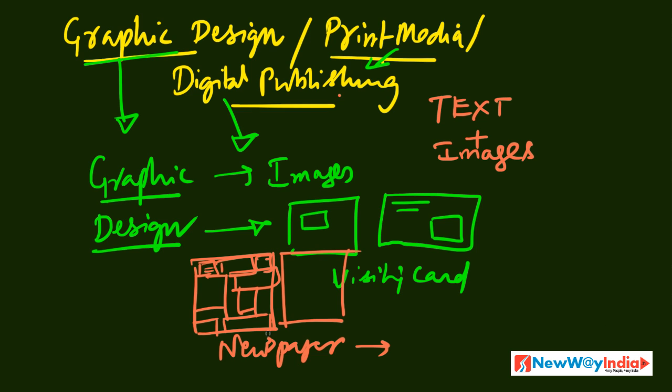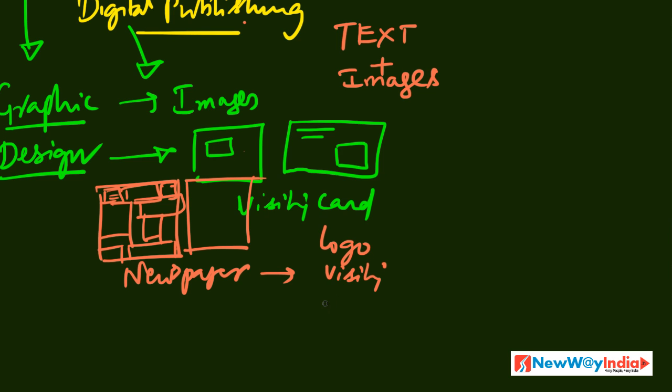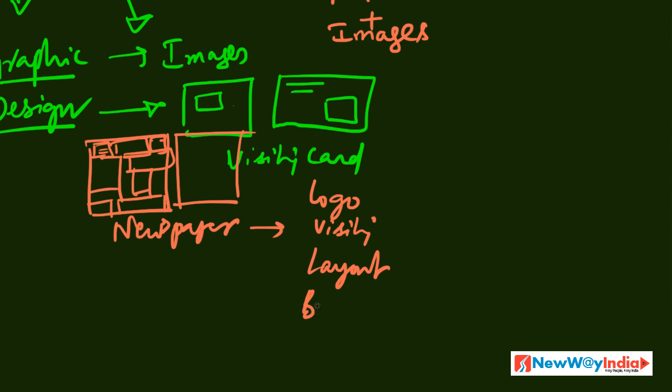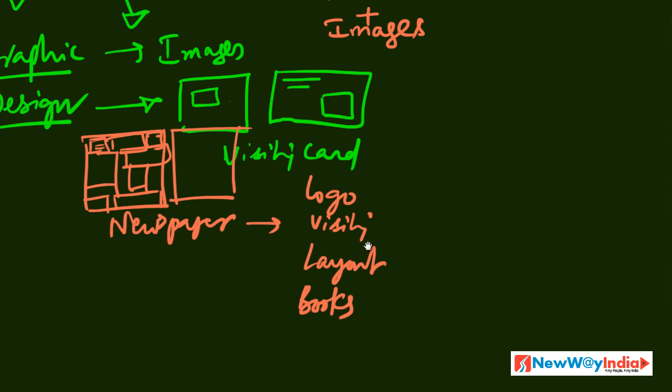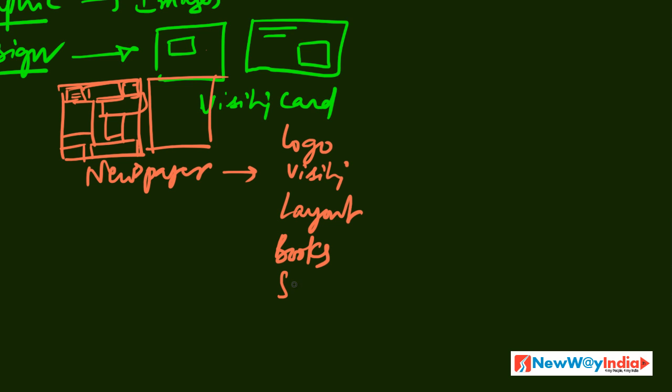But it is designed by someone. Some designers have to design the newspaper. Someone has to design the visiting card. Someone has to design the logo. The logo, visiting card, then newspaper layout, then books, regular books, then stationery, all kinds of pamphlets.